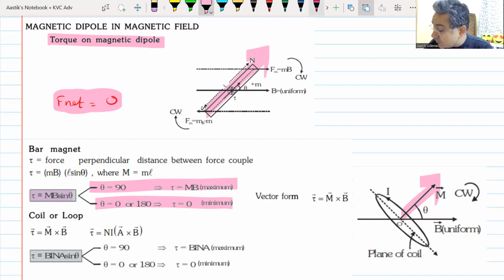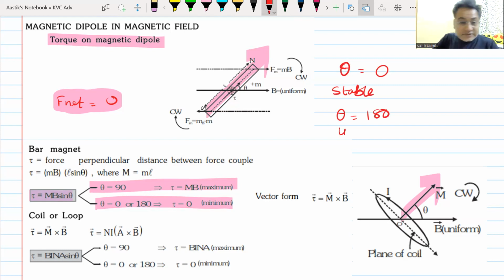When the angle theta is 0, that is the condition of stable equilibrium. When theta is 180 degrees, that is the condition of unstable equilibrium.